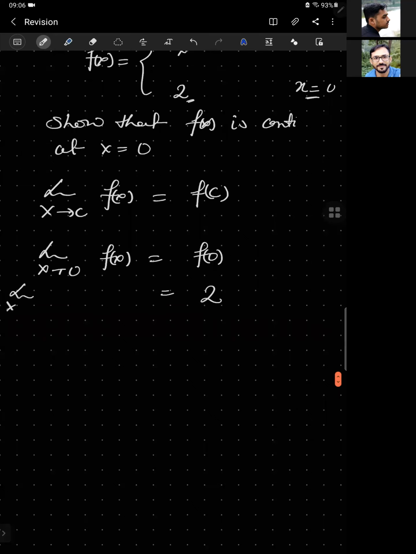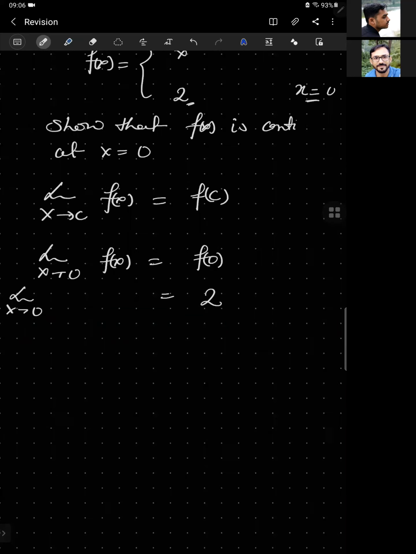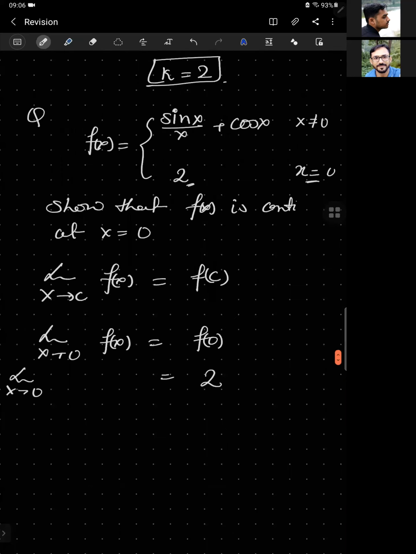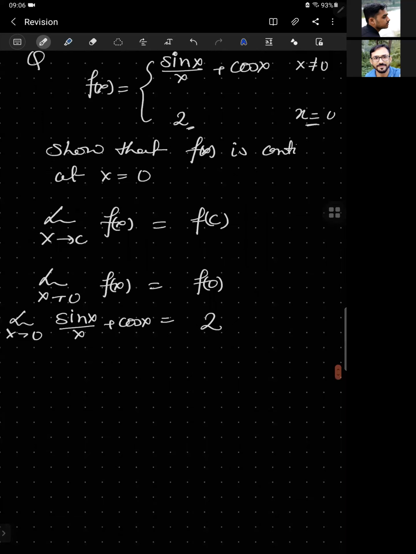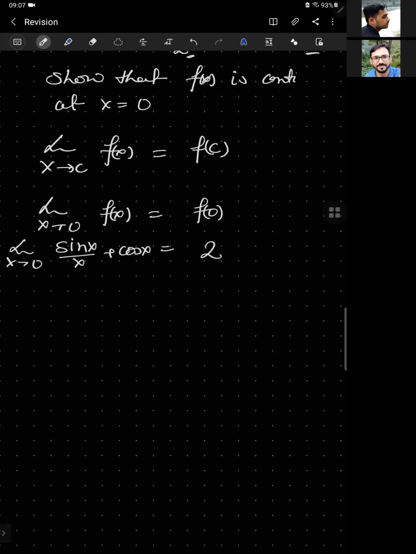Limit x tends to 0, f(x) means sin x upon x plus cos x. So let us put the limit. Hope you remember. Let me write first. Limit x tends to 0, sin x upon x plus limit x tends to 0, cos x. This was a formula in class 11.